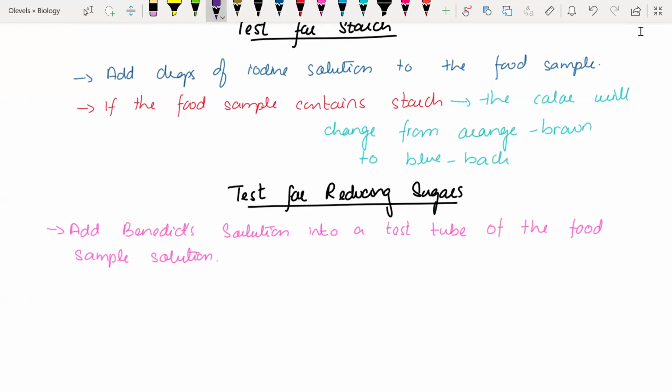Then you have to heat it at 60 to 70 degrees centigrade in a water bath for 5 minutes.